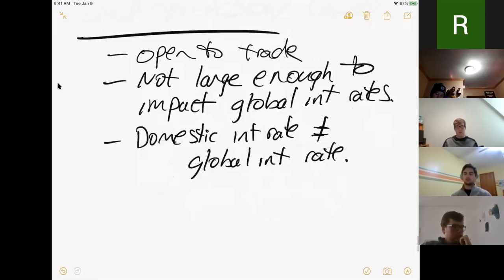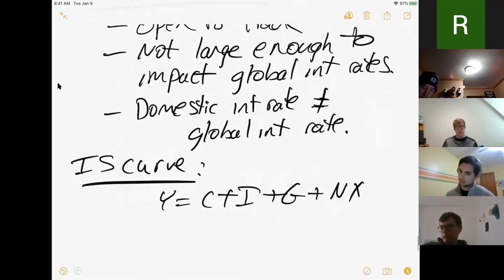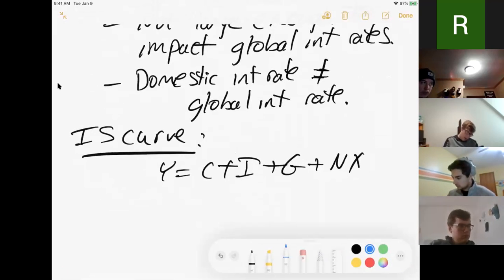Okay? So once again, we have an IS curve, right? Y is equal to C plus I plus G plus net exports. Net exports is X minus M, exports minus imports. Now, here's the part that we want to think about.